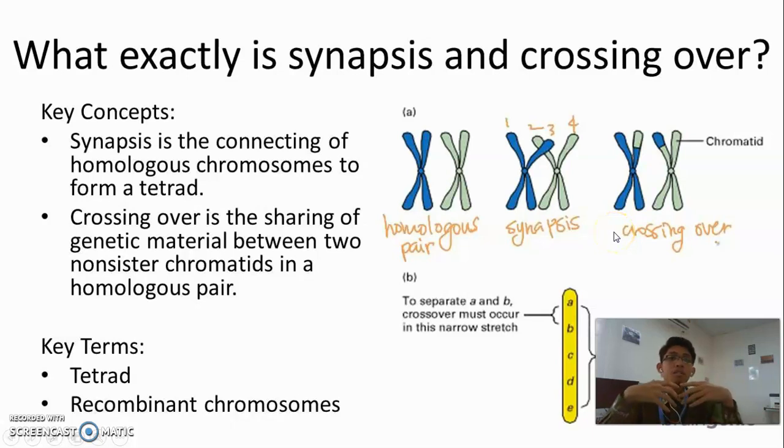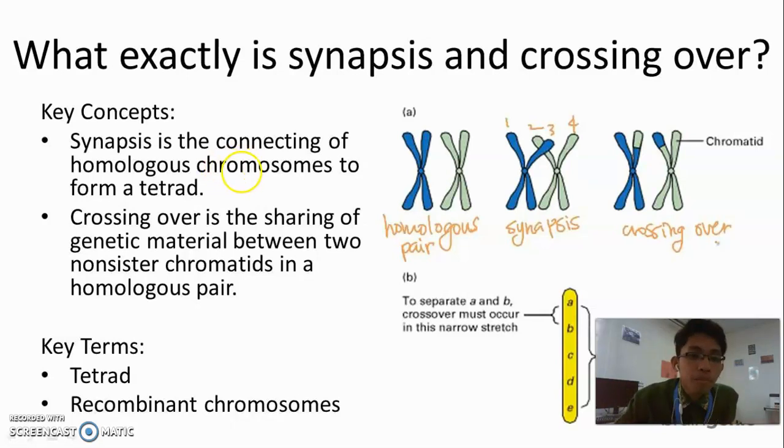Okay, synapsis is a process of connecting homologous chromosomes to form a tetrad, ataupun kita panggil sebagai bivalent lah. Either one which is familiar for you to remember, you can write it as tetrad or bivalent.